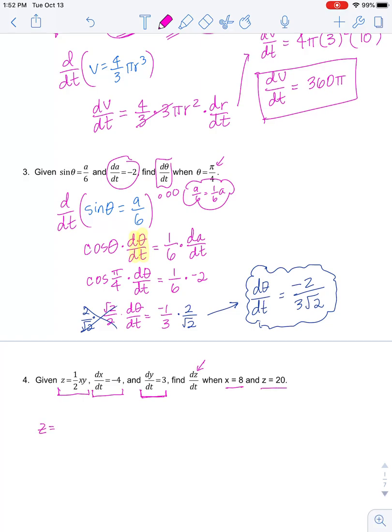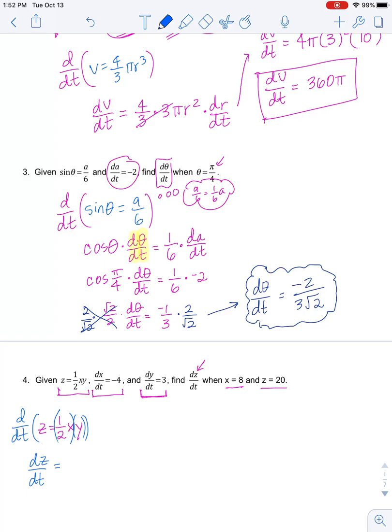So I'm going to take z equals 1/2 xy, and I am going to differentiate that with respect to time. The left side becomes dz dt, and then the right-hand side, oh boy, this is going to be a product rule. I'm going to group it so that 1/2 x is my first function and y is my second function. Both are implicit this time.